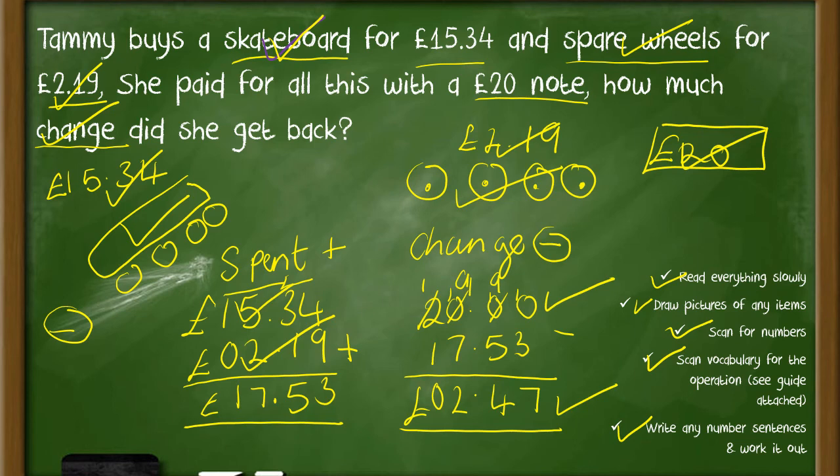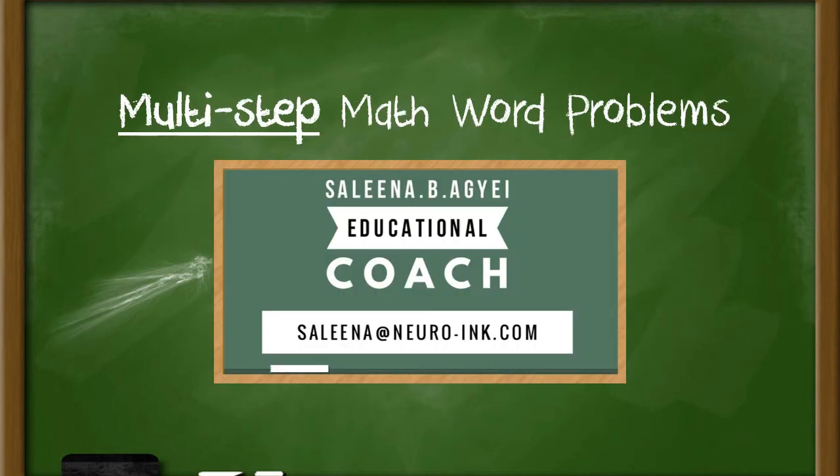That's just a quick breakdown of how I would solve a multi-step maths word problem. I hope you found that helpful. There are lots of teachers out there, and they have lots of ways of teaching this. That's just my take on it.